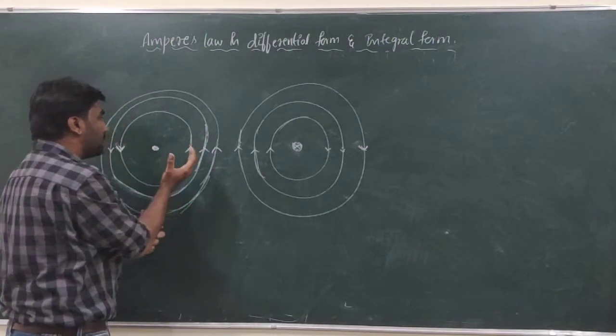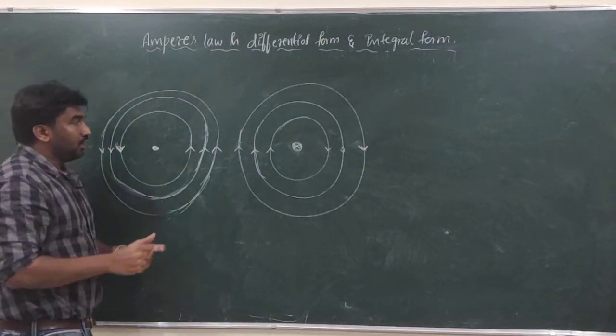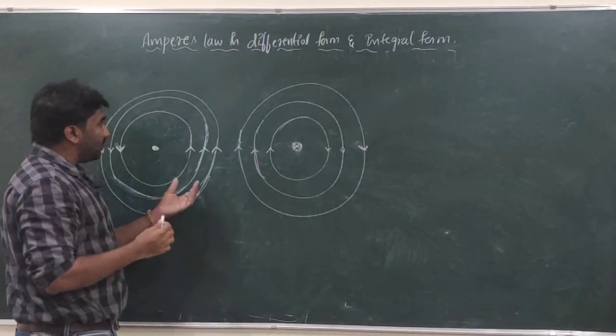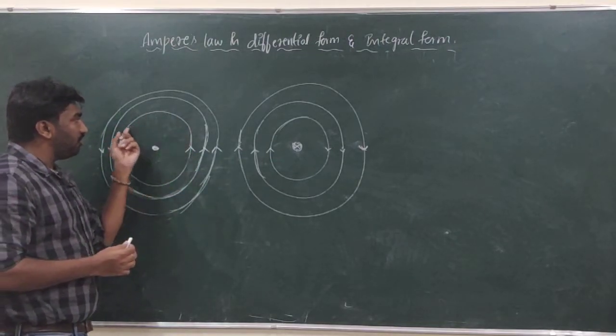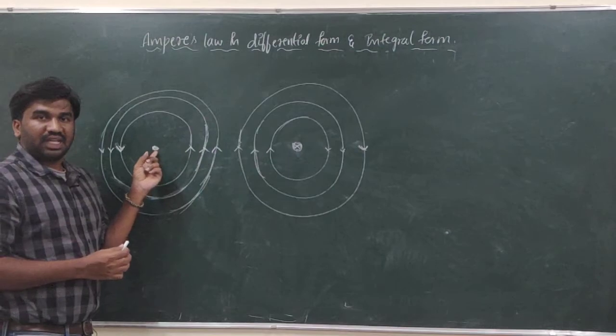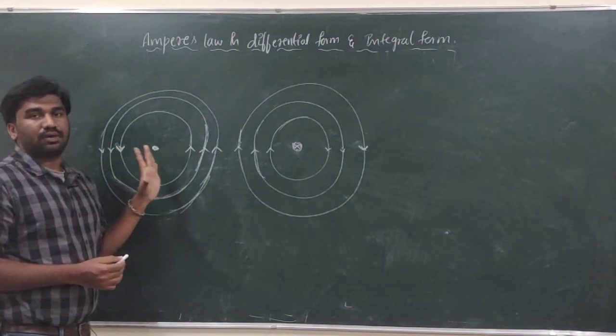If the magnetic field is in anti-clockwise direction, the current will be in the positive direction. So by using this figure, we can easily conclude that the curl of the magnetic field lines will not be zero.